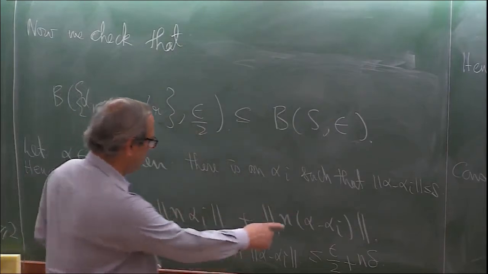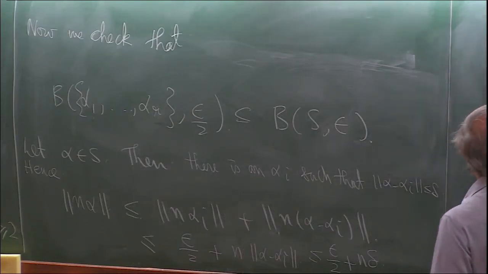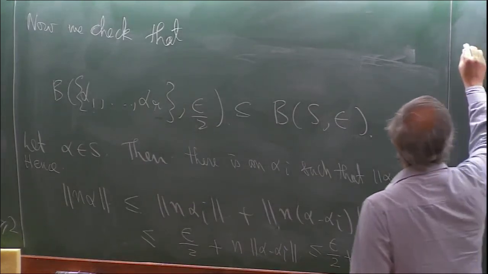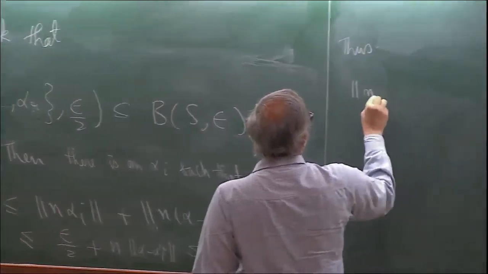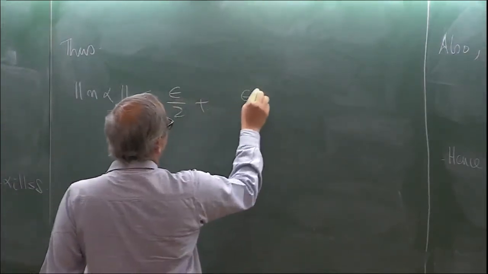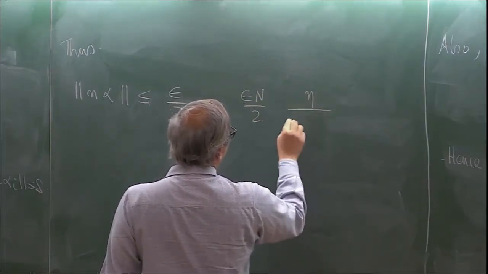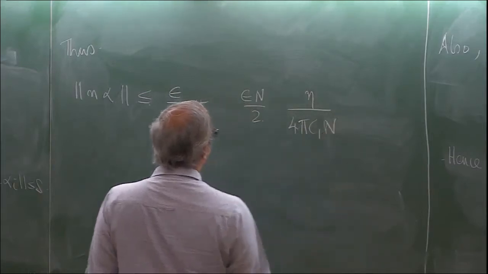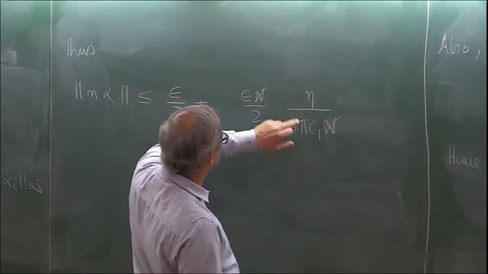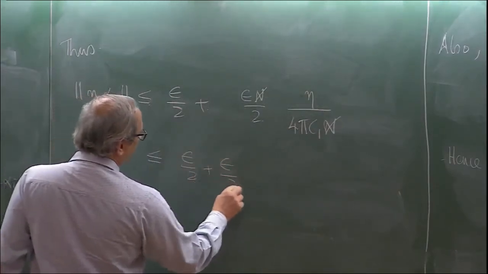Okay, therefore, hence n alpha is less than or equal to epsilon by 2 plus here you have epsilon N by 2 times delta, which is eta divided by 4 pi C1 N, and you see that eta is less than 1, this N cancels here, so this whole ratio is less than 1, and therefore this is less than epsilon by 2 plus epsilon by 2, which is epsilon.